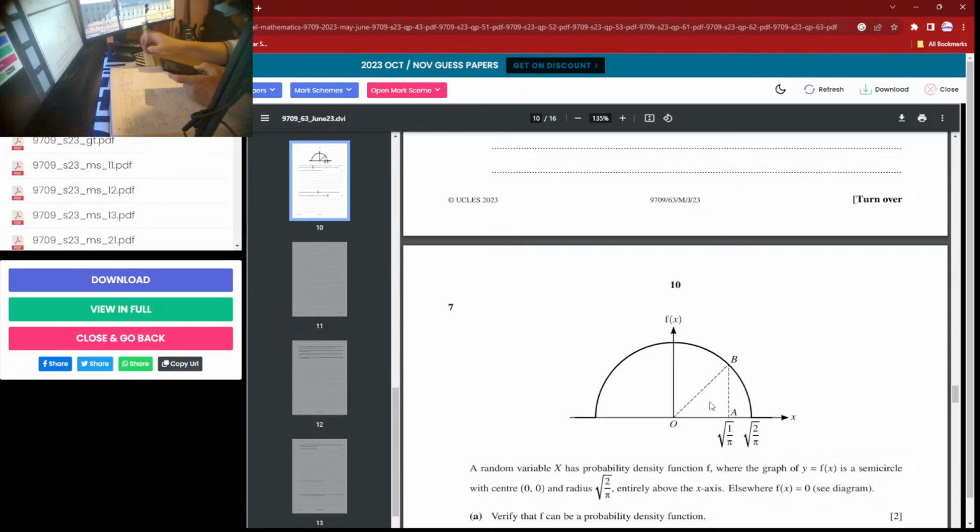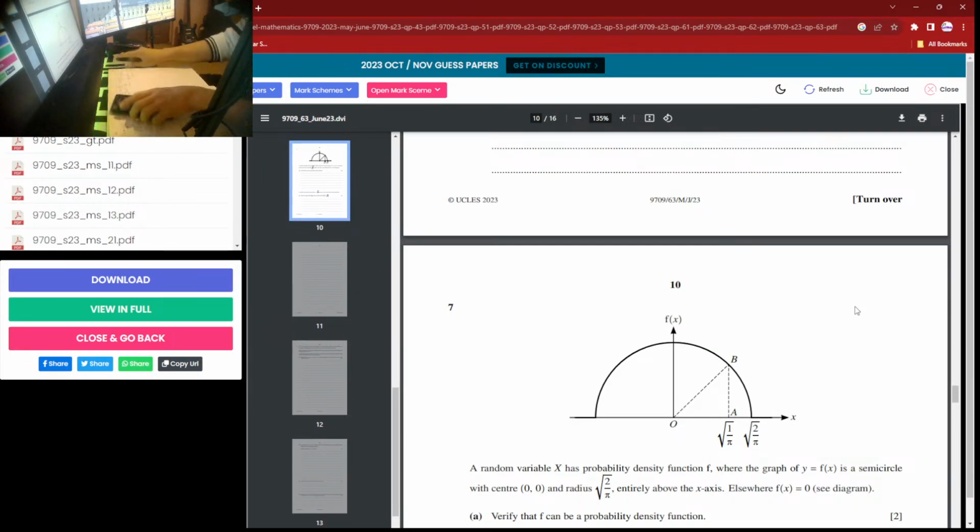That will give you 0.564. So from 0.564, we will find the area of the triangle. Area of triangle is equals to half times 0.564 times height. Sorry, that's already our height, times root 1 over pi.